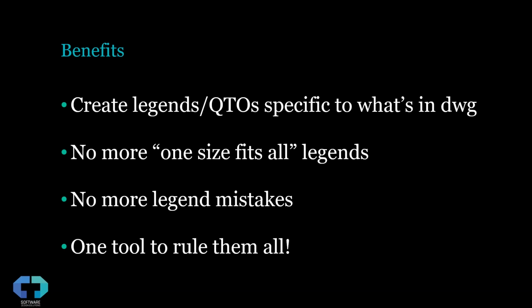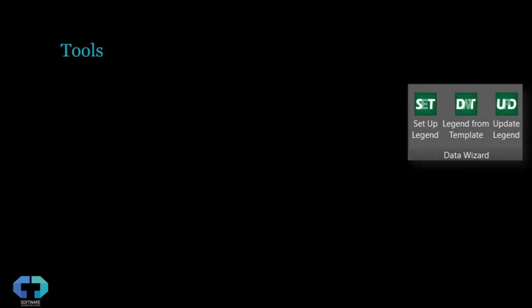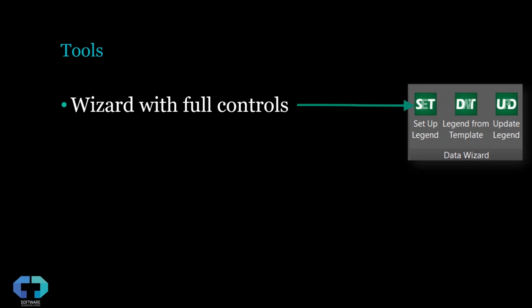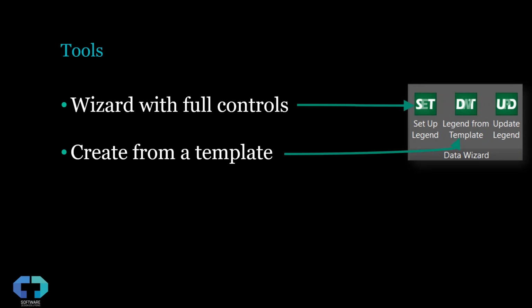And what we're going for is all your tabulation, all your quantity, a number of things, those requirements, they all come from one tool. So the tools that are part of Data Wizard, there are 3 tools within the ribbon. There's the Setup Legend command, and that is a wizard that comes with full controls. And then there's the Create from Template. So after you've run through that wizard, you can save out all those settings to a template, and you can simply load that. I'll show you how that tool works.